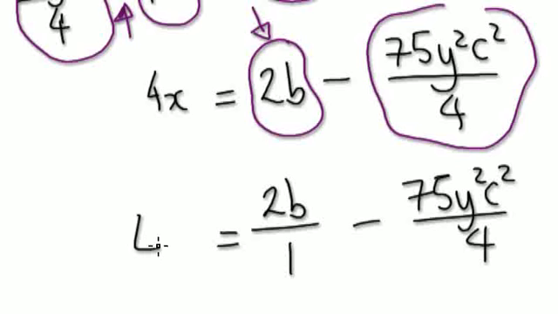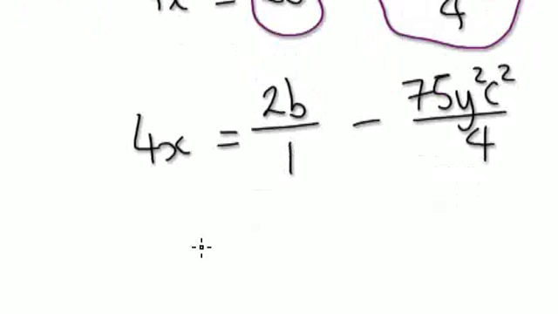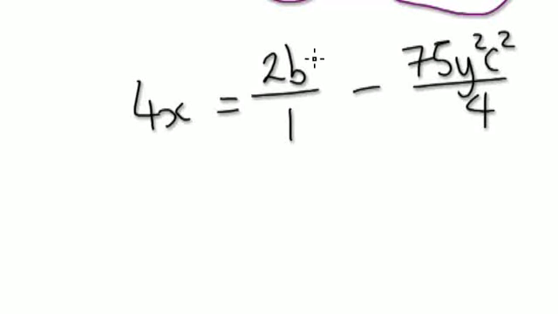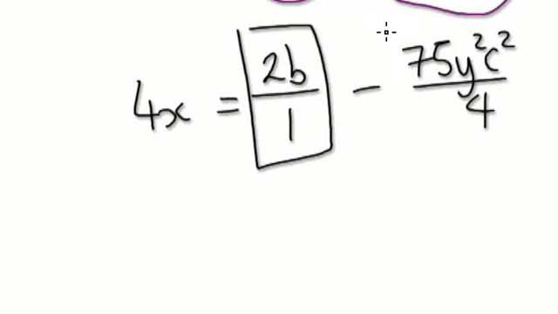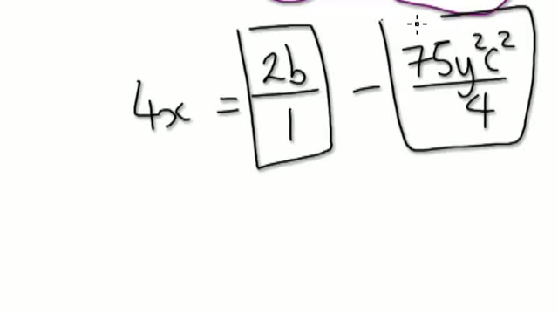Now this side will be this, and in order to add or take away fractions, because in effect you've got one fraction here and one fraction here, you've got to get the two denominators to be the same. So multiply top and bottom by the same number, 4. Okay, this fraction we're going to leave the same.